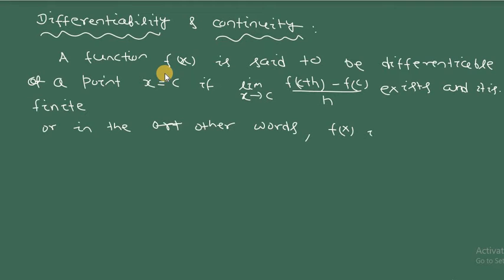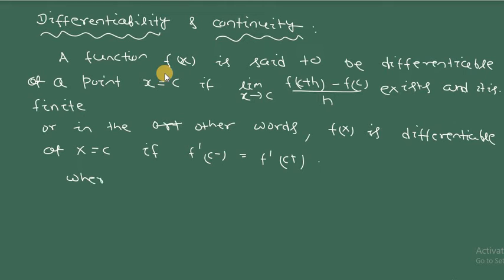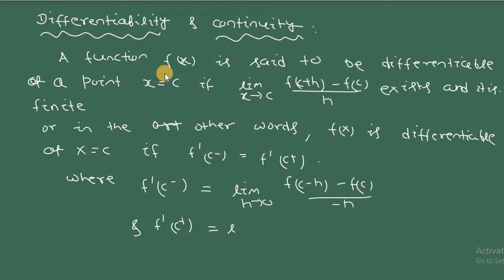f(x) is differentiable at x equal to c if f dash c minus equal to f dash c plus, where f dash c minus is equal to limit h tends to 0 of f(c minus h) minus f(c) divided by minus h, and f dash c plus equal to limit h tends to 0 of f(c plus h) minus f(c) divided by h.